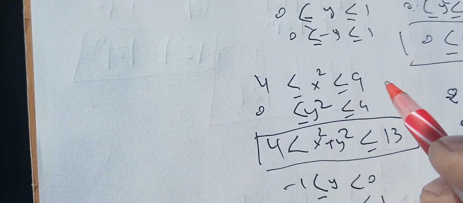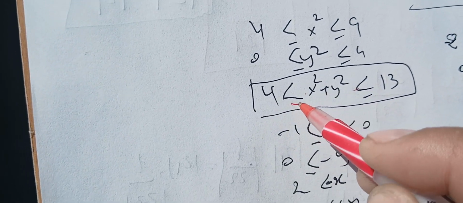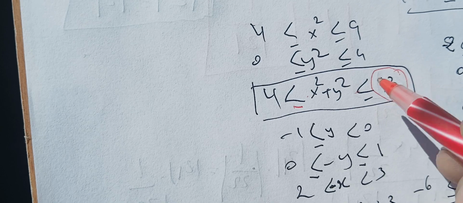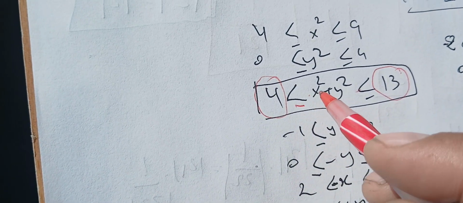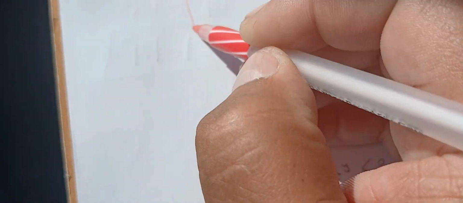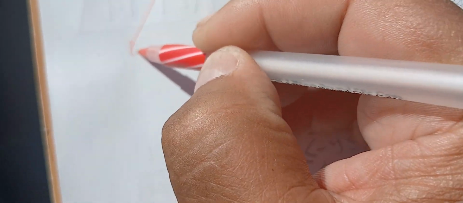The same thing here for x squared plus y squared. We have found an upper bound of 13 and a lower bound of 4. So sometimes in R3, this x squared plus y squared, if you graph it, you're going to see it's something like this.